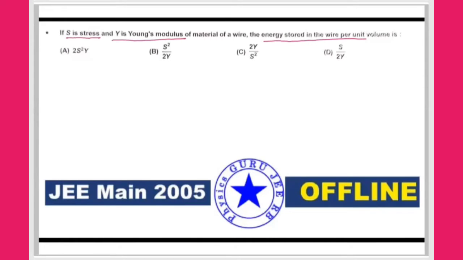According to the formula, the energy stored per unit volume, which we also call the elastic potential energy density, has units of joule per meter cube. This can be written as half into stress into strain.